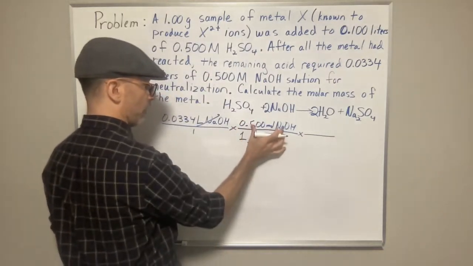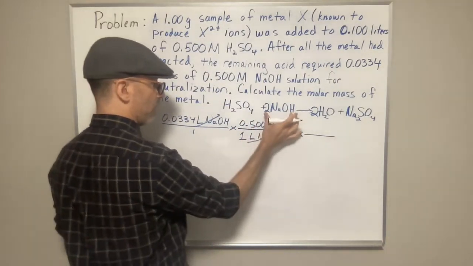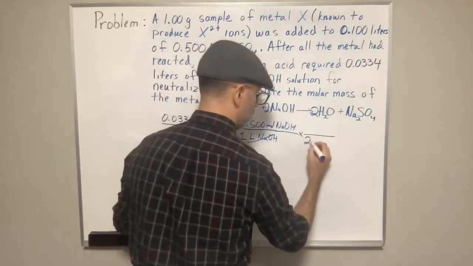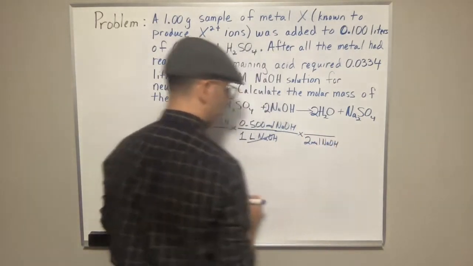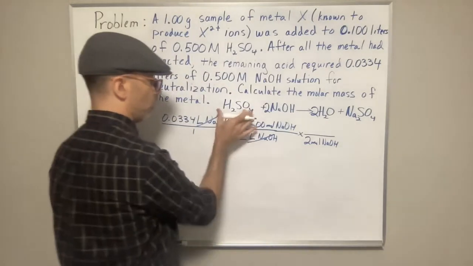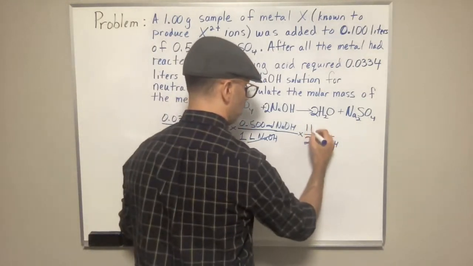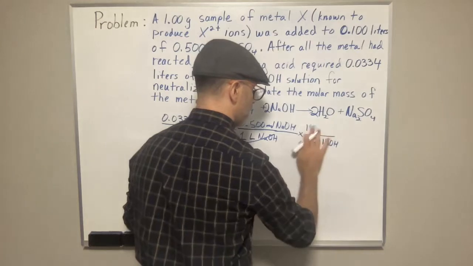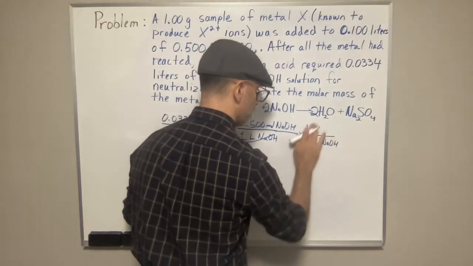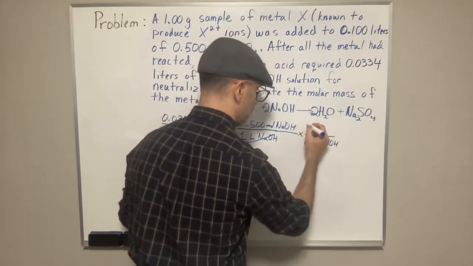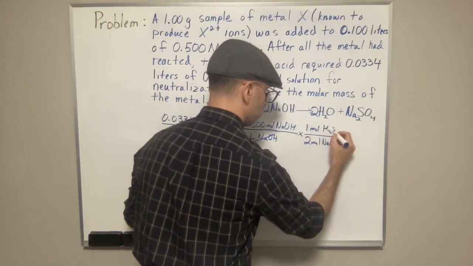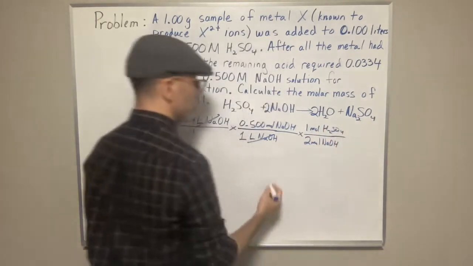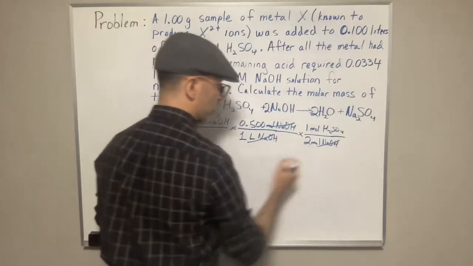I have moles of NaOH on top, so I want 2 moles of NaOH on the bottom and 1 mole of H2SO4 on top. So now moles of NaOH cancel out.